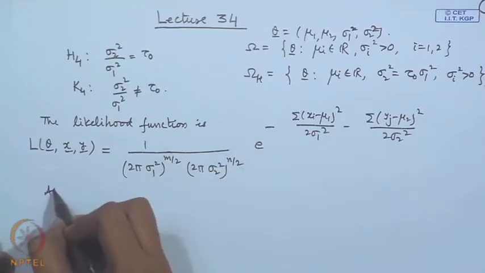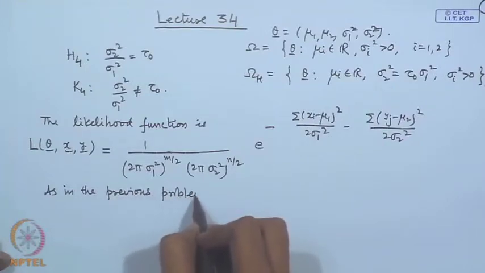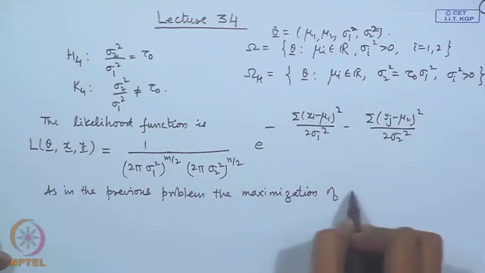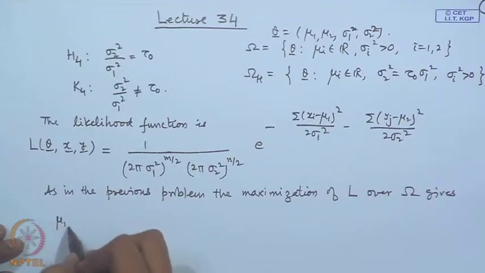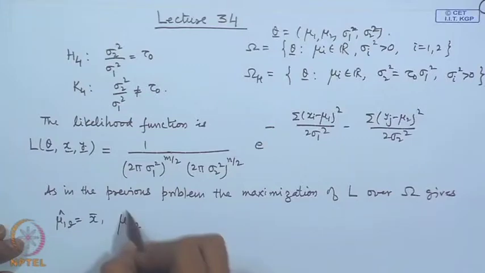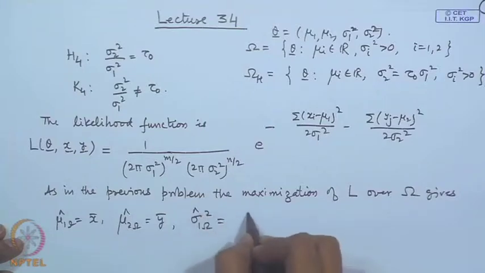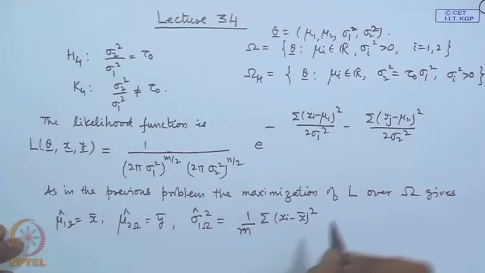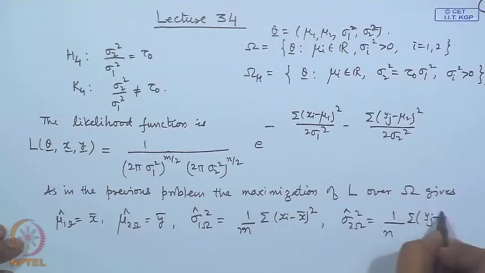Now, as in the previous problem, the maximization of L over omega gives mu 1 omega hat equal to x bar, mu 2 omega hat equal to y bar, sigma 1 omega hat square equal to 1 by m sigma x i minus x bar whole square, and sigma 2 omega hat square equal to 1 by n sigma y j minus y bar square.